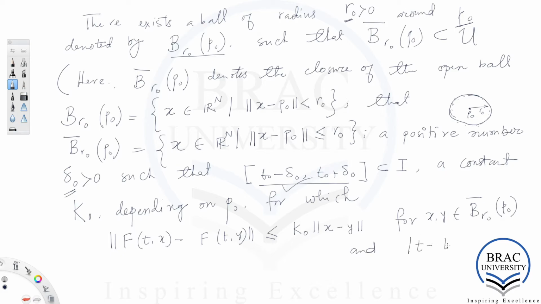In other words, the modulus of t minus t0 has to be strictly less than delta 0. So it tells us that t is inside this closed interval, right? t0 minus delta 0, t0 plus delta 0.